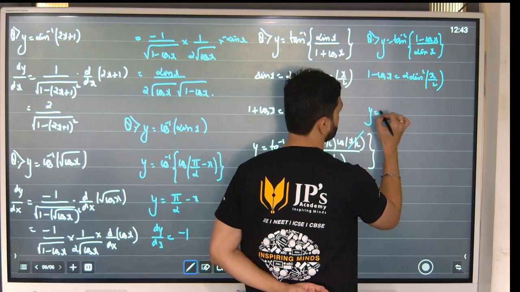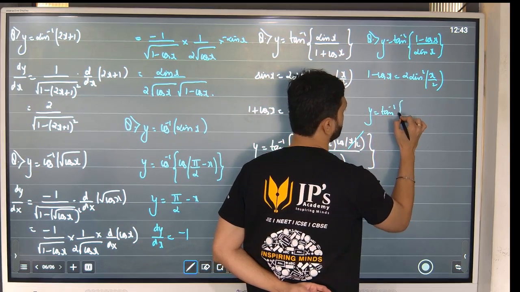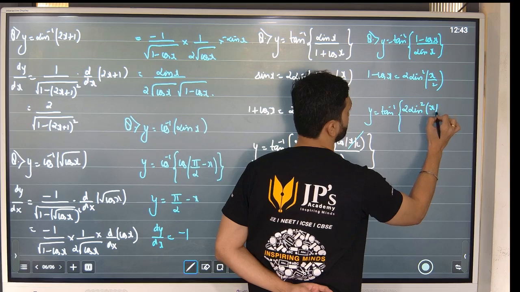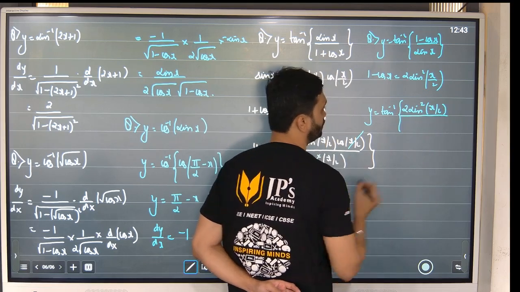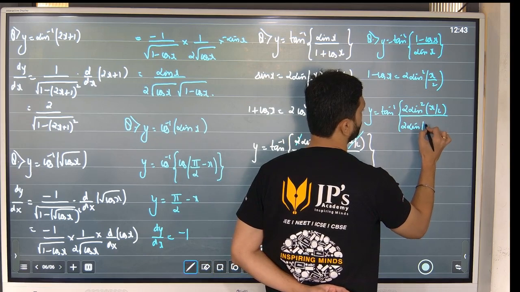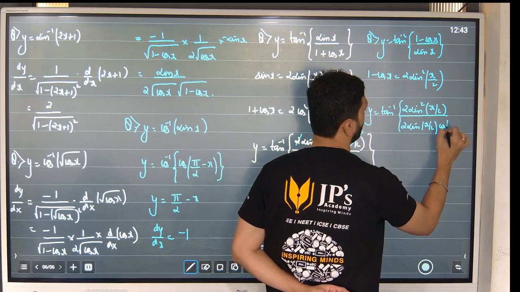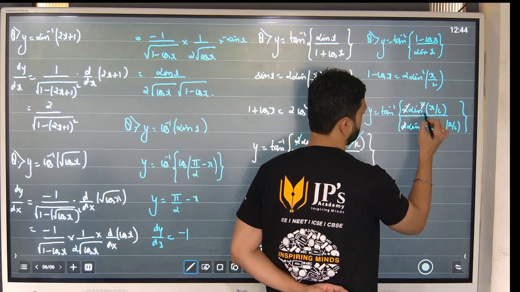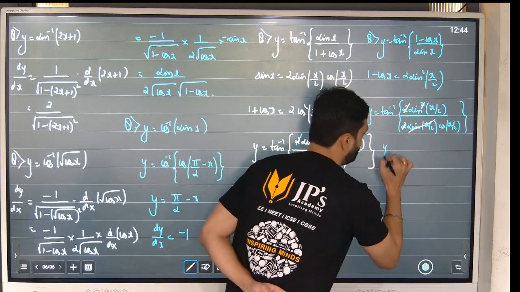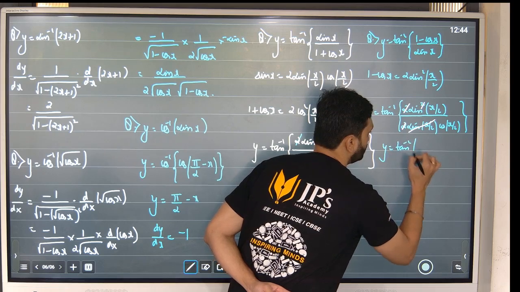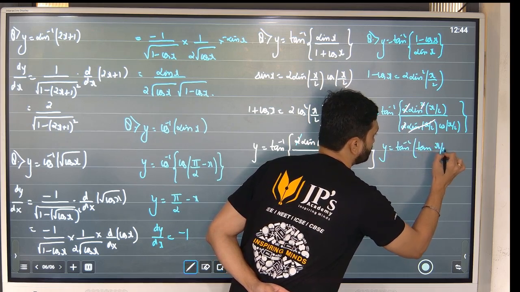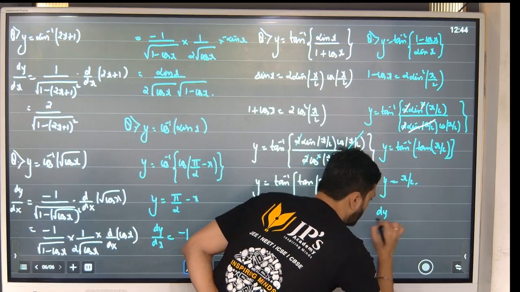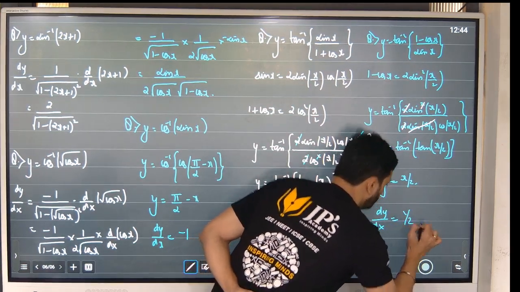So y is equal to tan inverse of 2 sin square x by 2 upon 2 sin x by 2 cos x by 2. This 2 gets eliminated, and this sin and this sin get eliminated. I am left with y is equal to tan inverse of tan x by 2, so y is equal to x by 2, and dy by dx is equal to half.